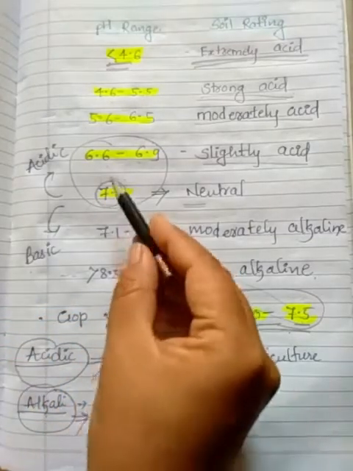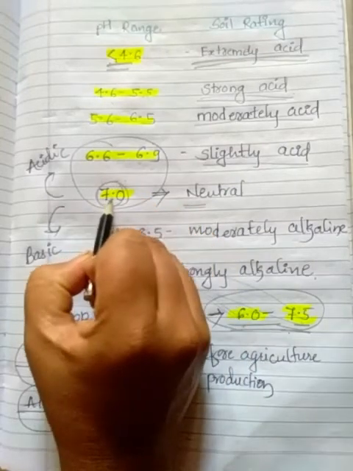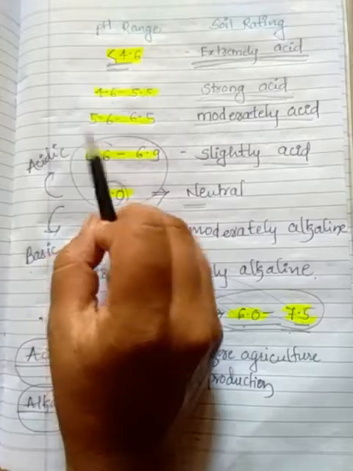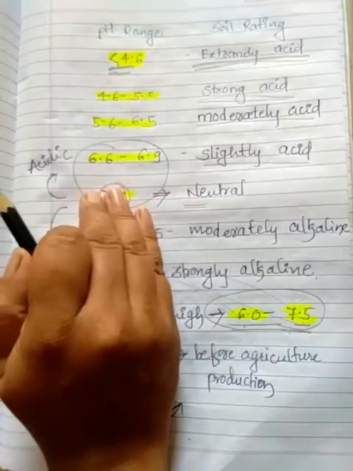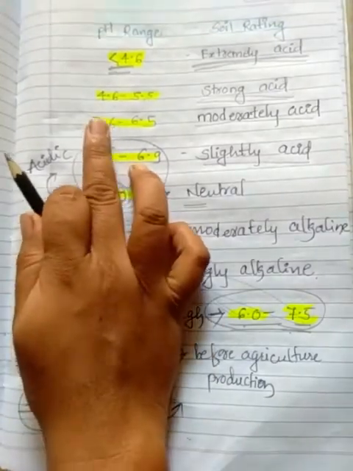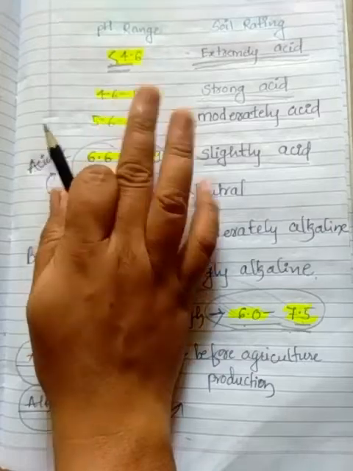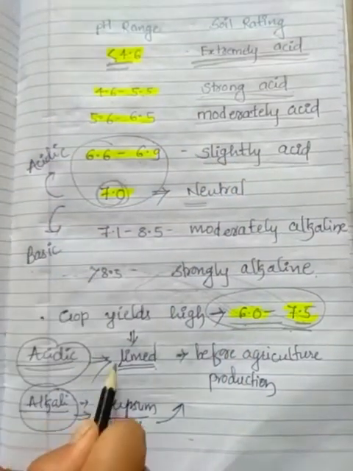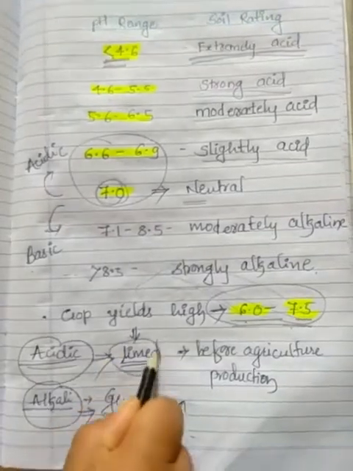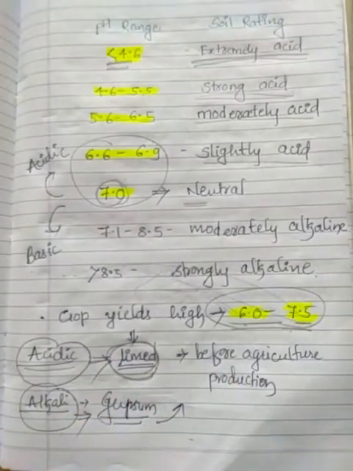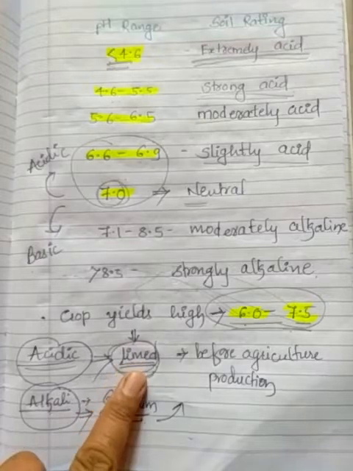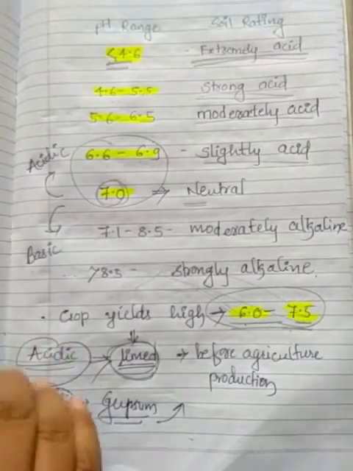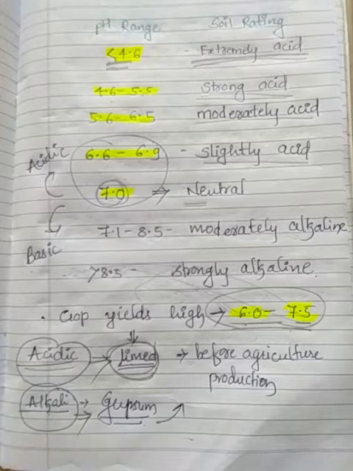If the pH of our soil is less than 7.0, consider 7 as neutral. If our pH is 4.6 or 4.7 or something, then what are we supposed to do? If it is acidic in nature, we have to lime it first. Before agricultural production, we have to add lime to our soil so that the acidic content may become somewhat neutral in nature.